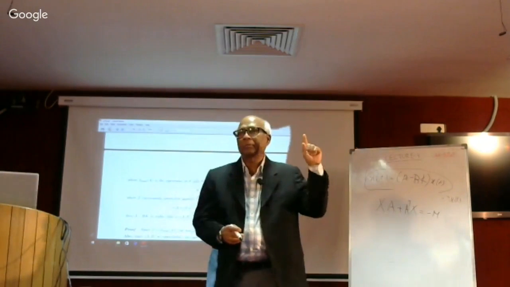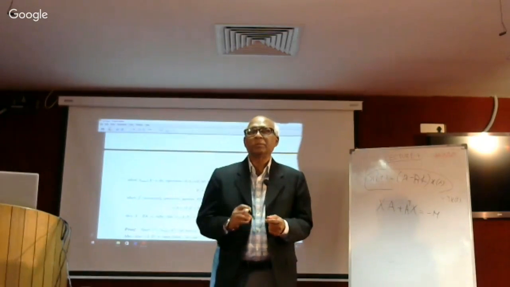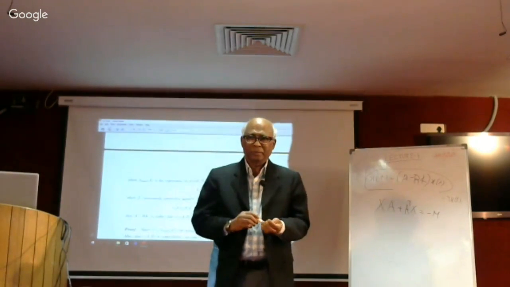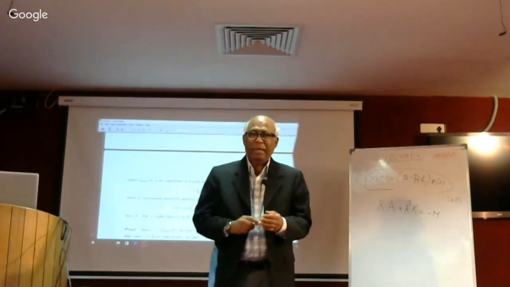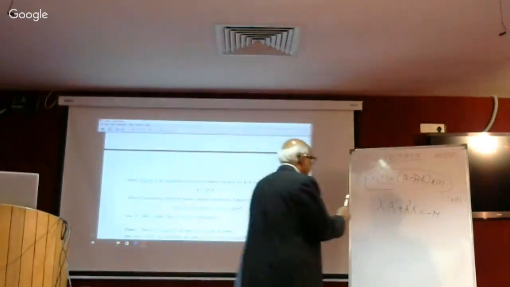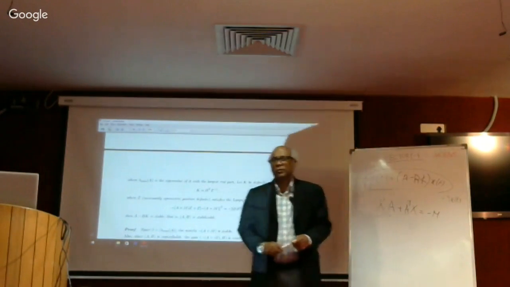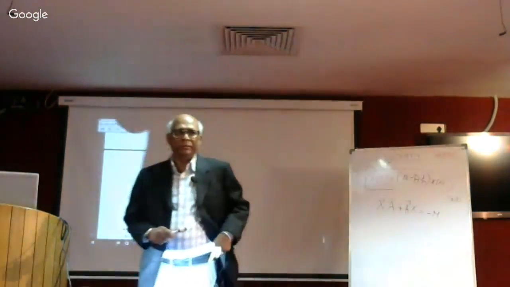Remember, right hand side matrix M has to be symmetric positive definite. So if A is stable and the right hand side matrix M is positive definite, then only I can guarantee that solution X will be symmetric positive definite.